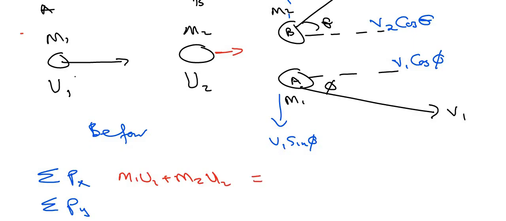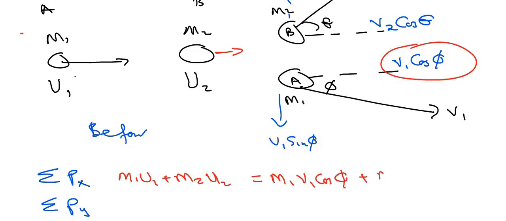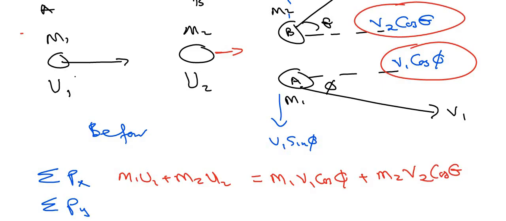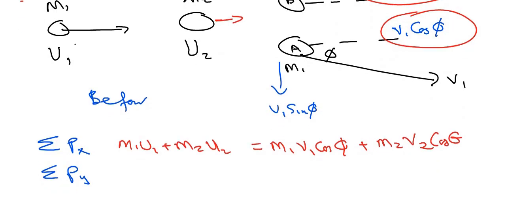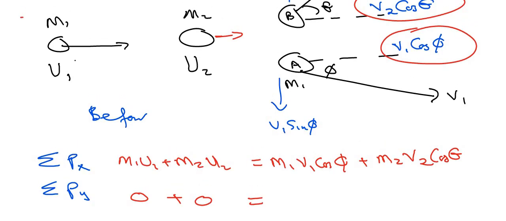Then the x component of m1 is this guy here. So we'll say m1 times the x component of the velocity of m1, plus m2 and the x component of its velocity, which is v2 cos theta. Then here in the y, this is not jumping up and down, even this is not jumping up and down. So this is 0 plus 0 is equal to the y component of m1, which is facing down.